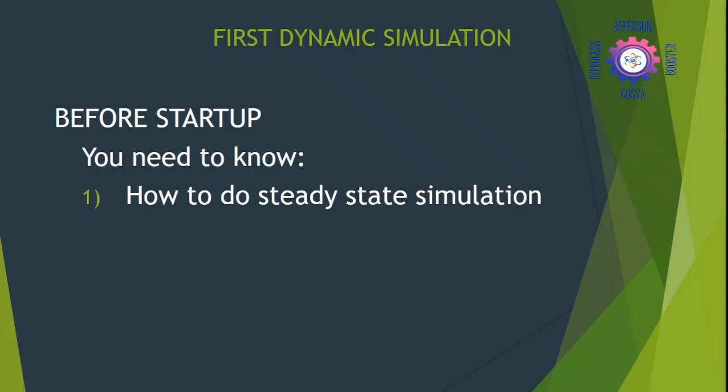So my suggestion is that before you start learning about dynamic simulation, you should master steady state simulation for piping systems, rotating equipment, heat transfer equipment, separation units, columns, and reactors at least. And after you have mastered all of this, you should try learning about dynamic simulation.